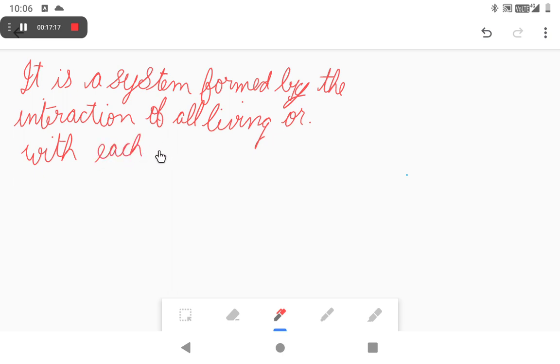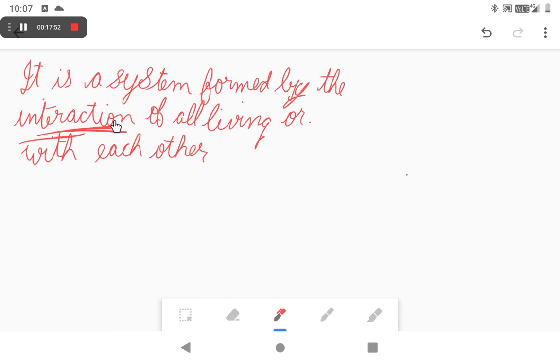So there is a question, a little bit confusing, about biosphere and the ecosystem. It is where the land, water and air interact. It is called biosphere, and ecosystem is a system. What is ecosystem? It is a system formed by interaction of all the living organisms, along with the physical and chemical factors of the environment in which they live.